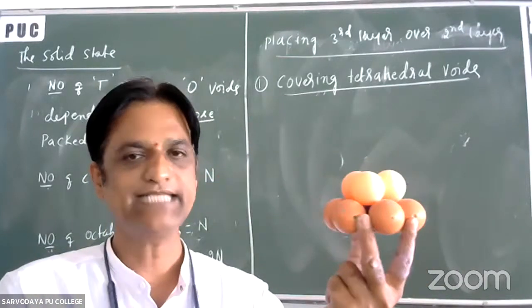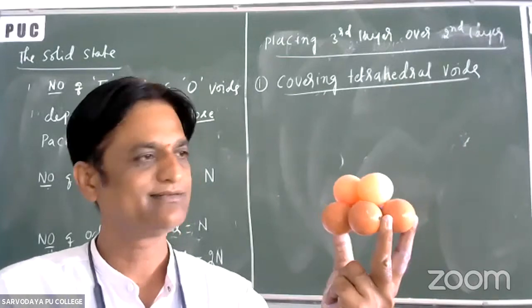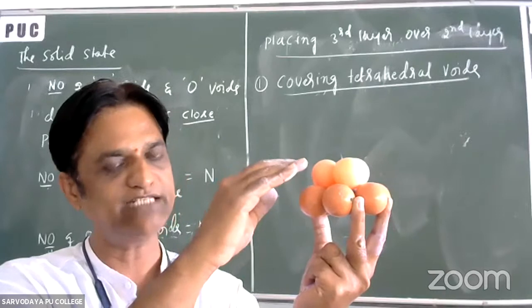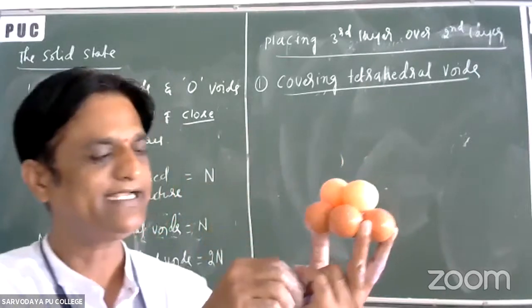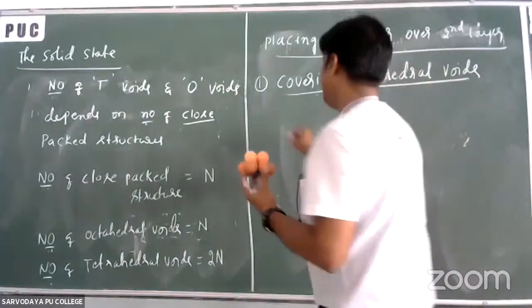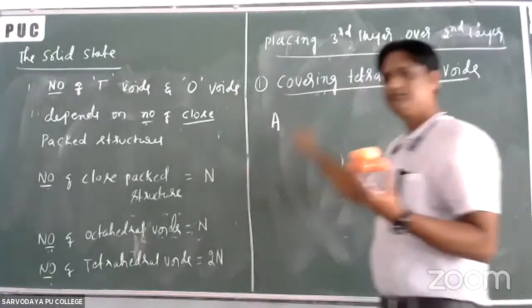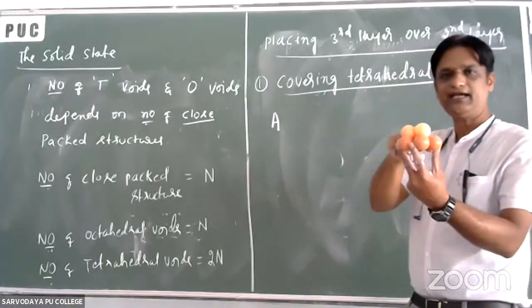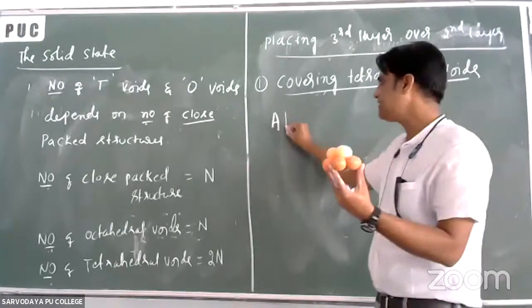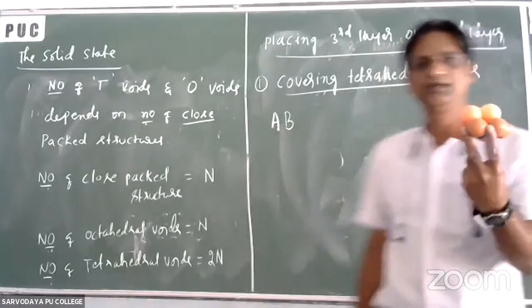So when the second layer is placed, the arrangement of spheres in the first layer and the arrangement of spheres in the second layer is different. So we can call the first layer A. And in the second layer, the sphere arrangement is not the same as the first layer, so we can call this B.